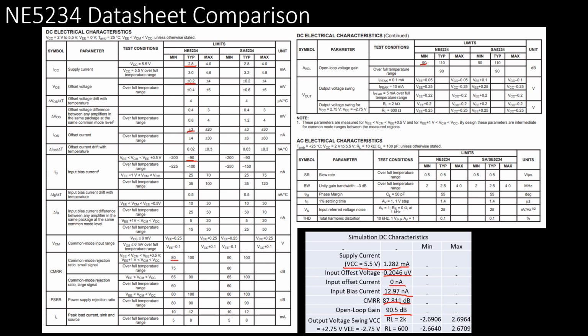This fell within the range of what the datasheet would expect. Overall, the DC performance of the simulated circuit was just as good, if not better, than the performance of real devices on the datasheet. This is expected, although, because of the use of more ideal components in the simulation.